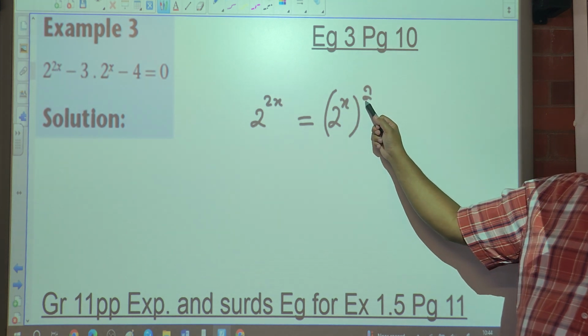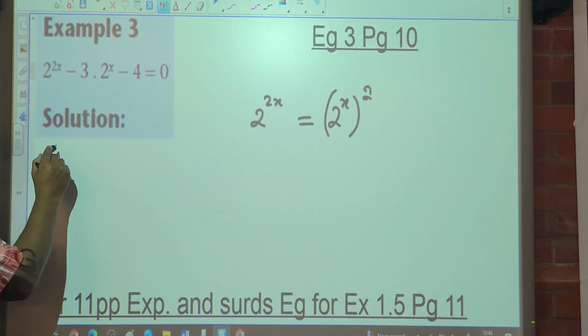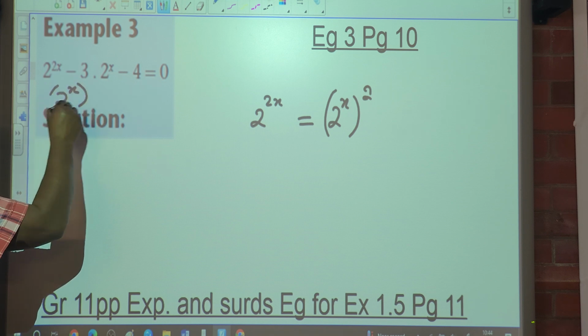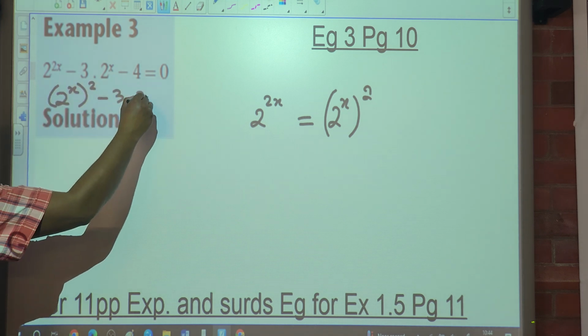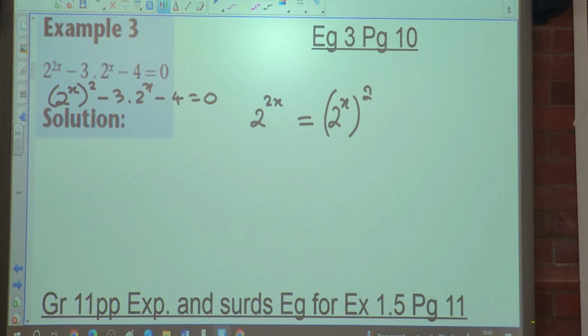You all understand it? So when I get something like this, I firstly say that it can be written as 2 to the x squared minus 3 times 2 to the x minus 4 is equal to 0. So now I wrote 2 to the 2x as 2 to the x squared. Can you see that?